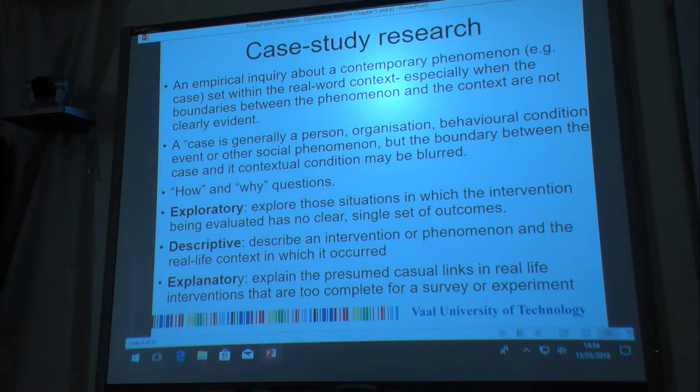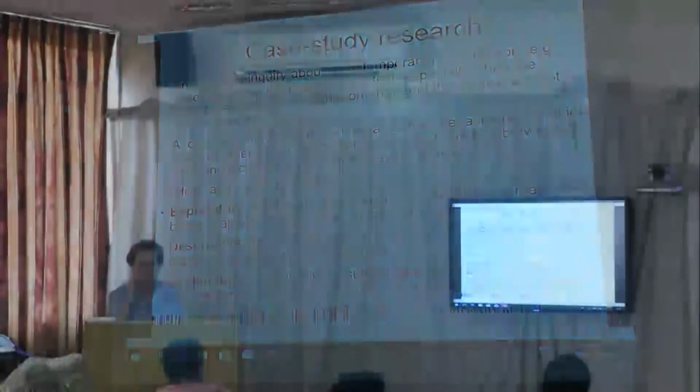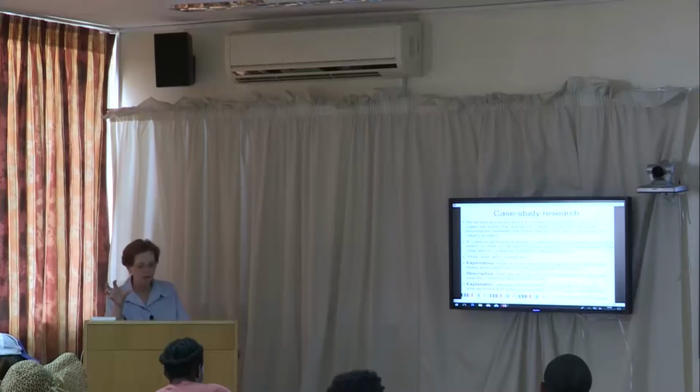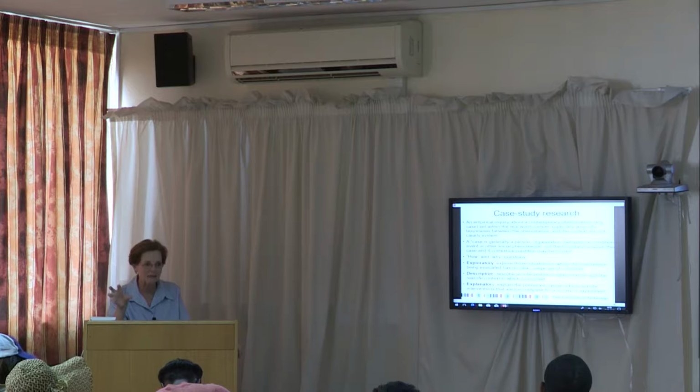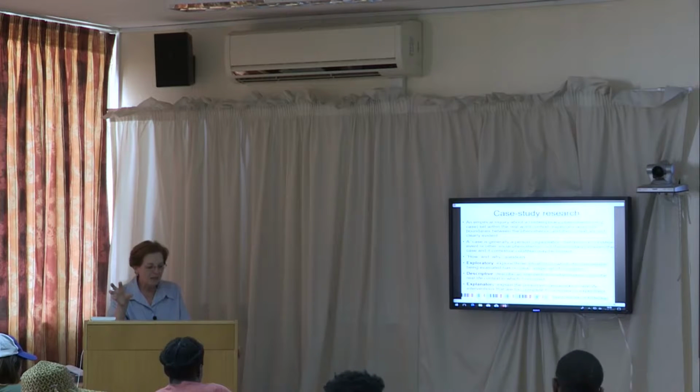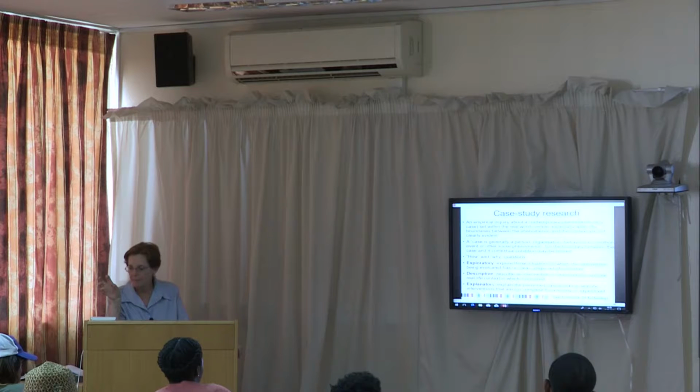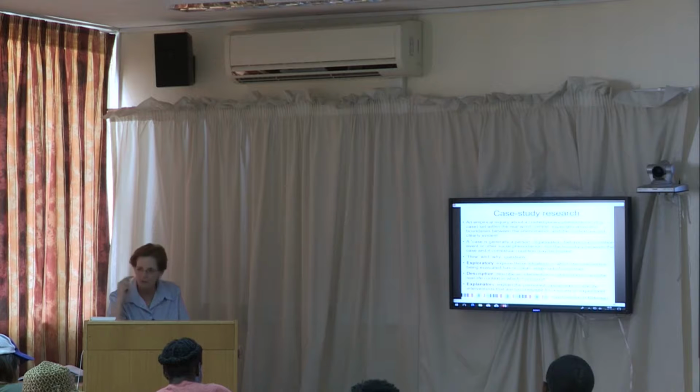So in our case of the NSFAS bursaries and the VUT students only, I think we need to go and look at explanatory. We want to explain what happened in this particular case. Not so much to describe what happens. We want to explain why it happened only at VUT. Do you hear the difference?